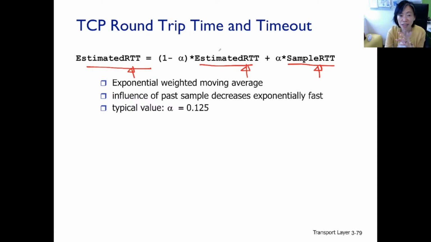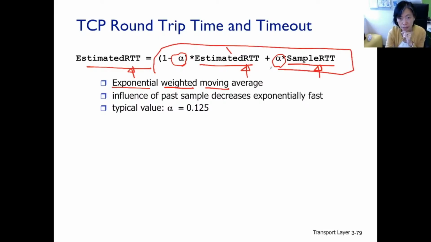So we're taking the history into consideration, that's why it's called a moving average, and we're using a special factor alpha here, so it's a weighted moving average as well. Now the reason that it's called exponential is because of this. So the whole thing is the current smoothed RTT. Now this whole thing is going to be used as what?